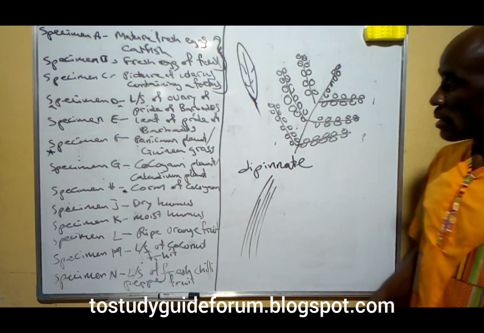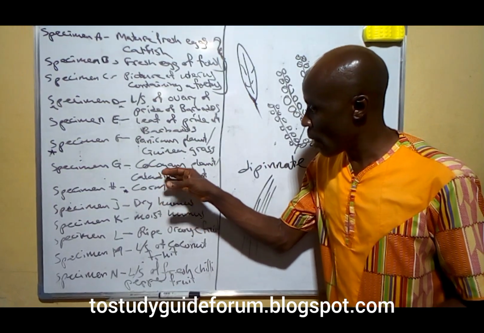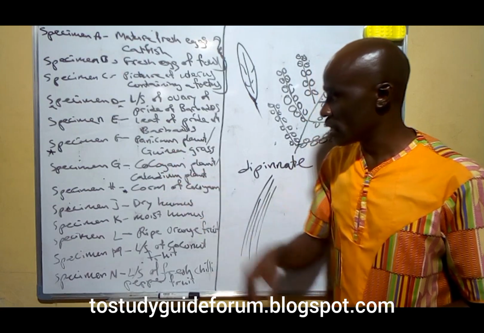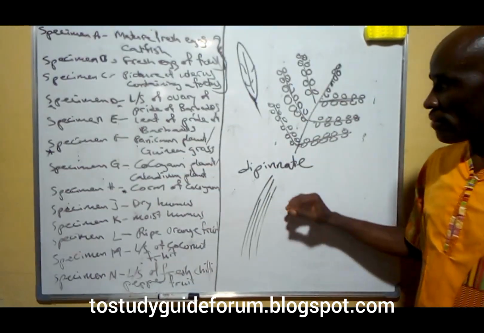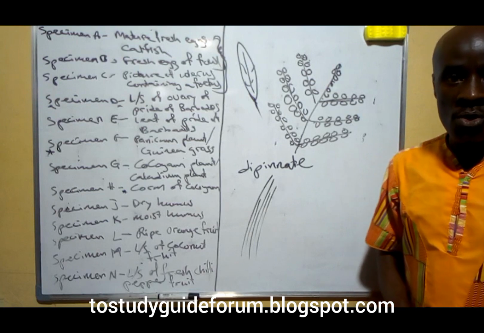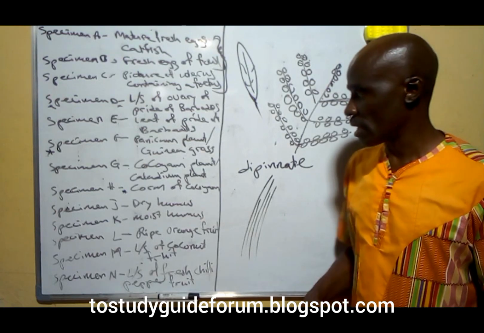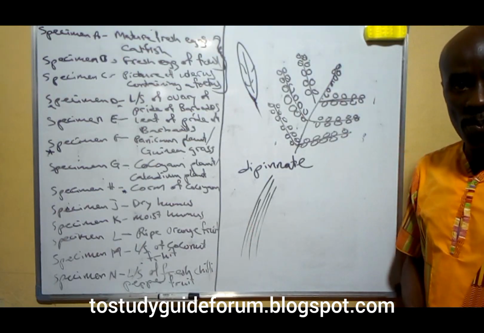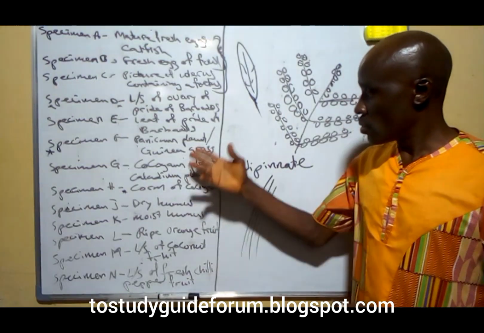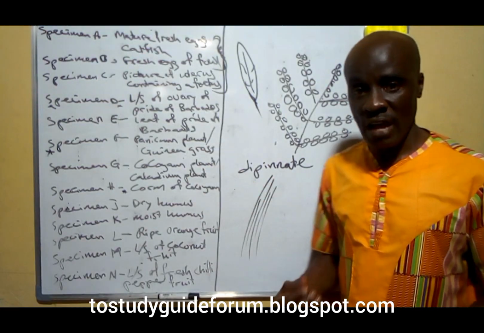One thing again I want you to know about specimen F is that they have characteristics that encourage wind pollination, like I think I've said before. They produce more pollen grains. They don't have scent.